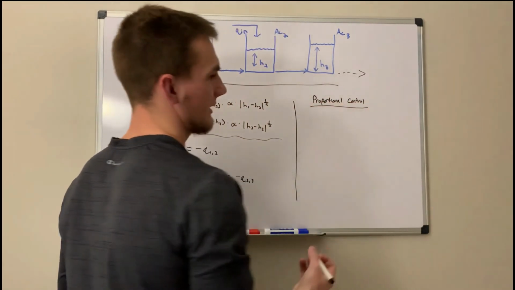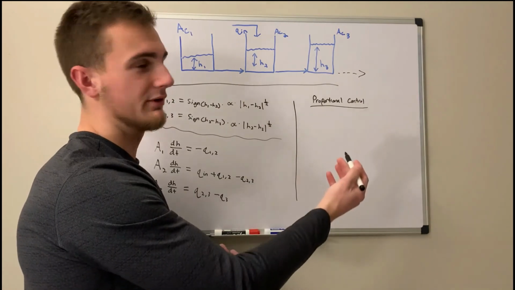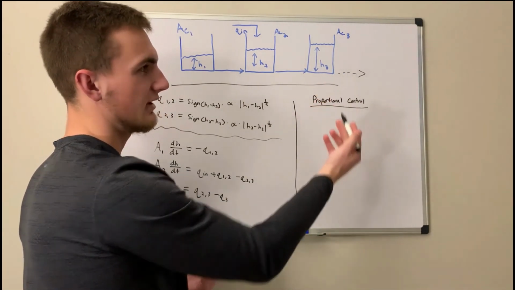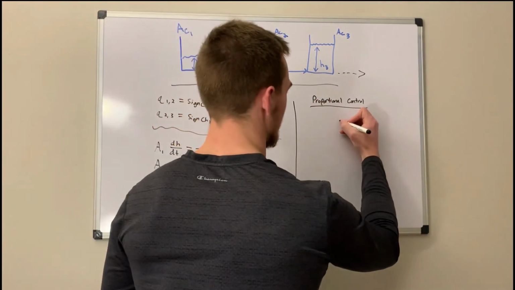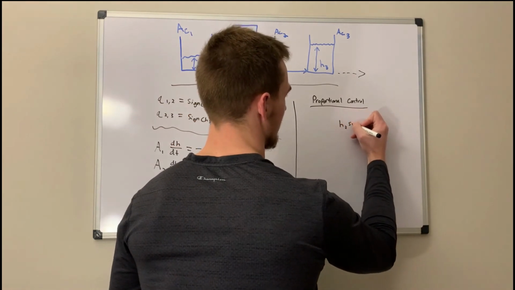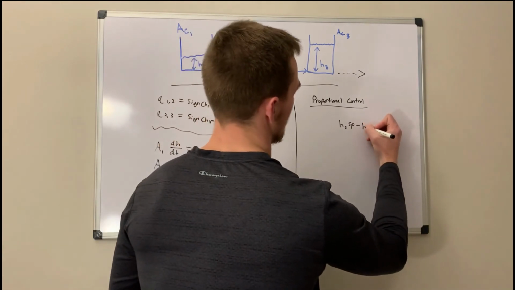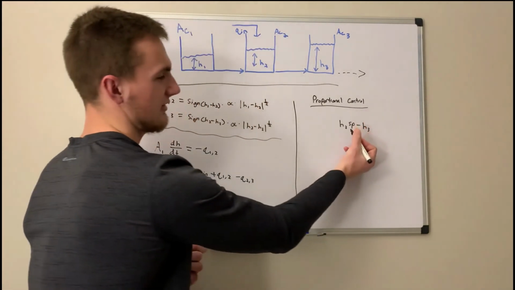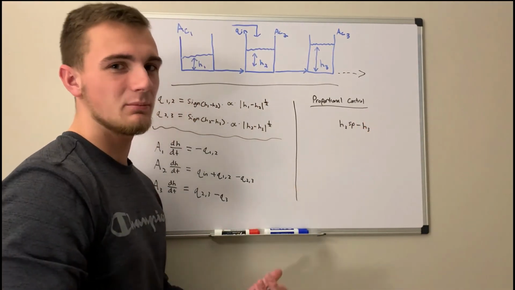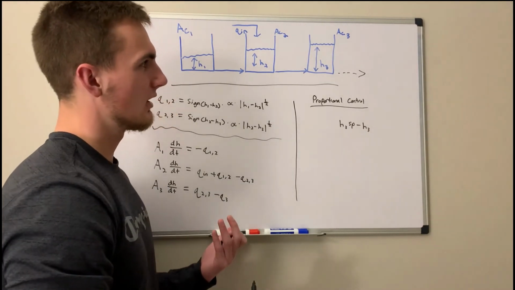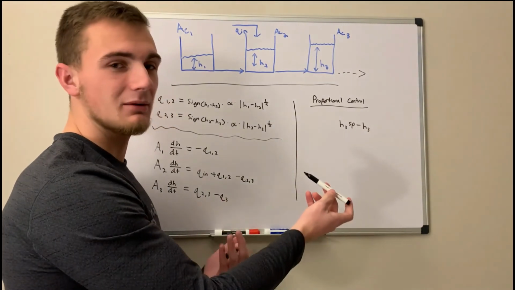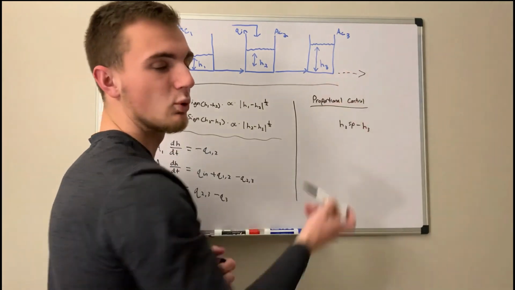So I'll go ahead and write a variable name for the set point of the third tank that we want to have here. So I'll write that as H3SP, so the set point height for the third tank. And what we can say here is that if the height of the third tank is less than the set point that we give, and here again, the problem tells us that our set point is 4 meters.